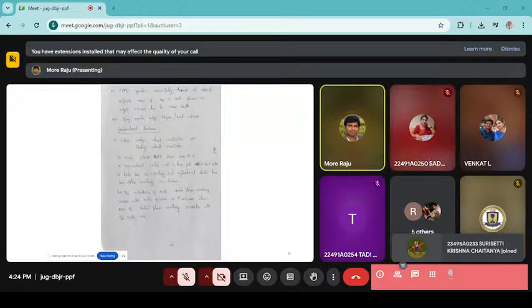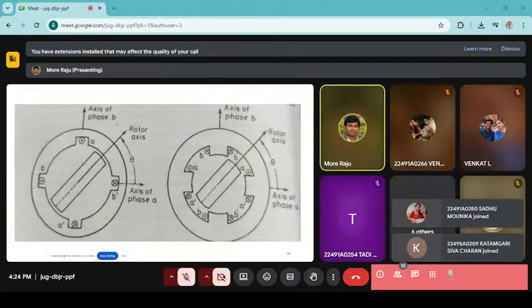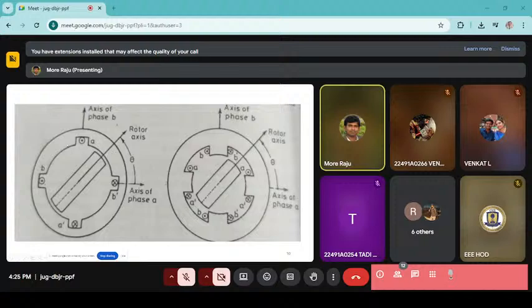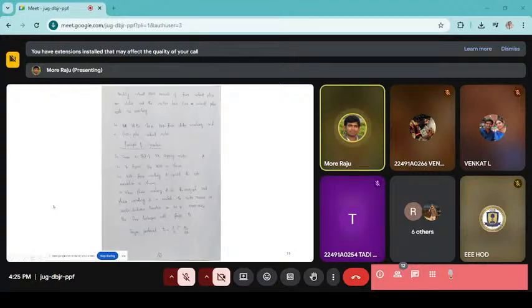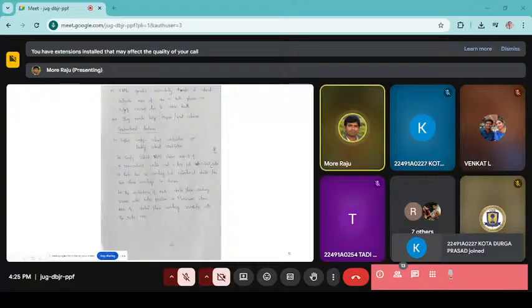The singly salient variable reluctance machine consists of a non-salient stator, not projected out, and a two-pole salient rotor.